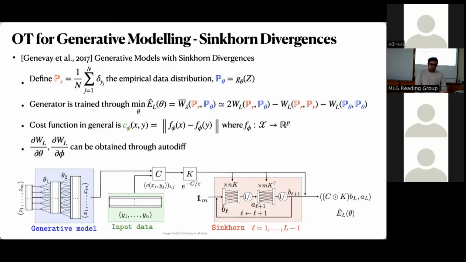So in general, being able to replace any comparison between two probability measures with a differentiable, scalable algorithm that is very close to the exact optimal transport problem is a nice thing to have. And this is being used a lot to augment standard methods that exist out there. You could do variational inference by using Wasserstein distance instead of KL divergence.